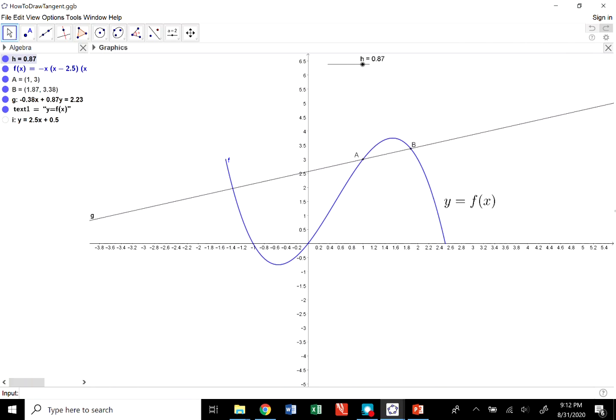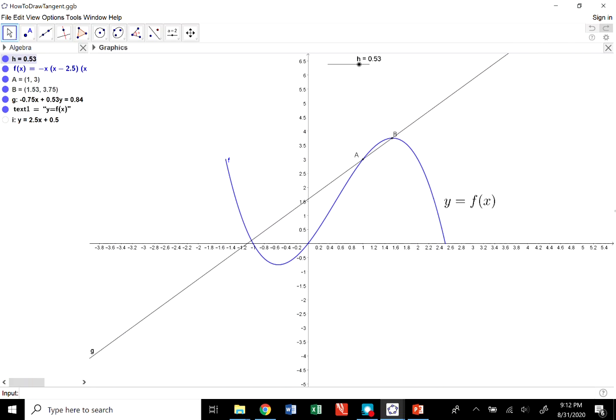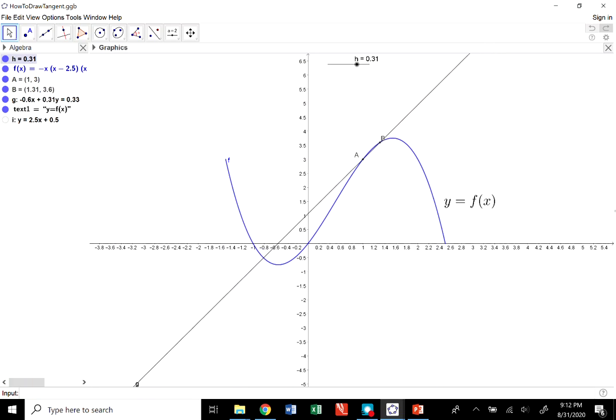Would you agree with that? And that line is what is called the tangent to the graph at that point. That is an important way of understanding tangents.